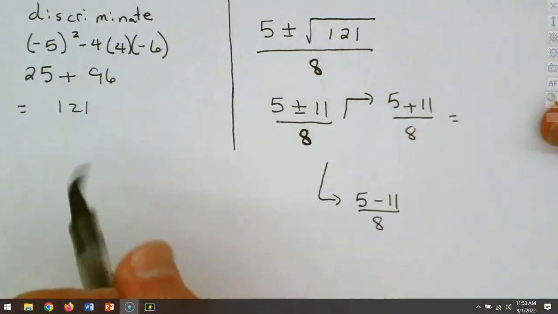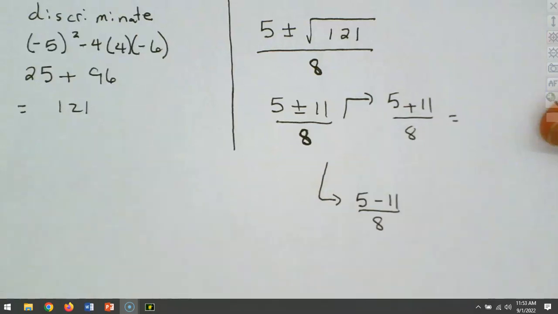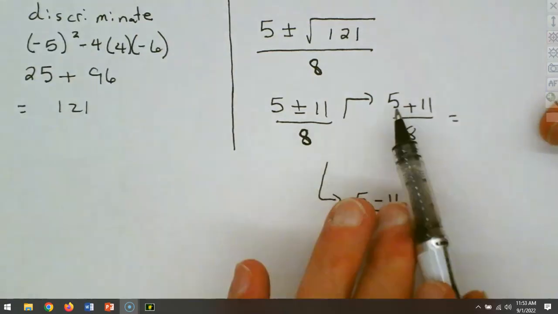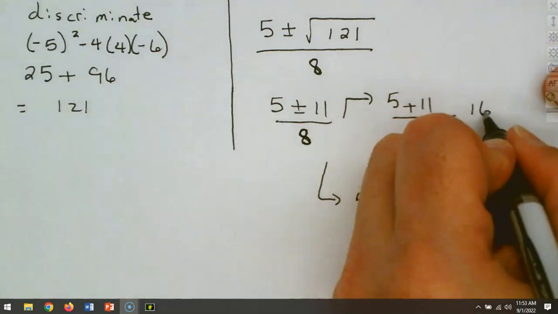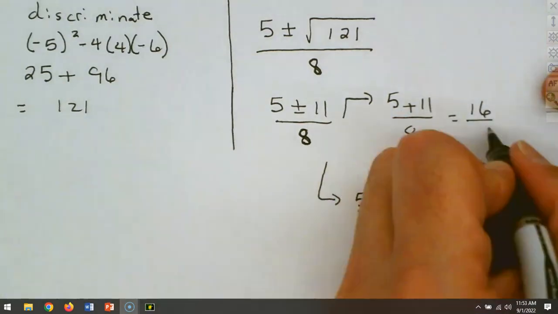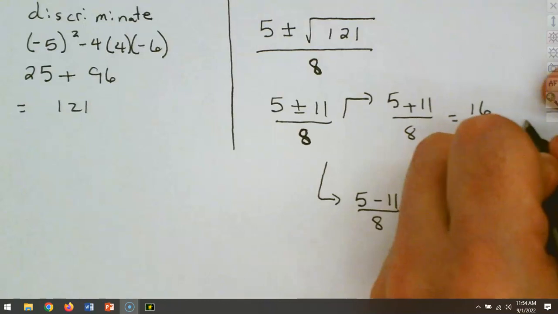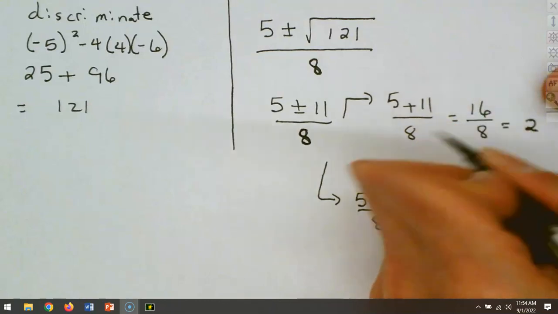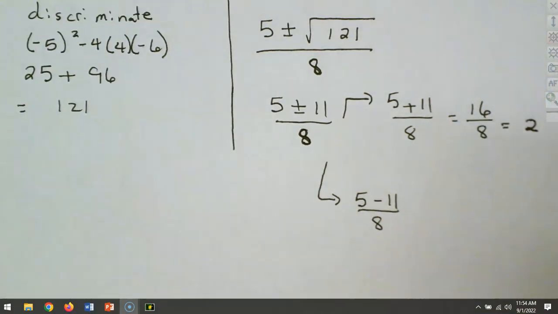Whenever that square root's gone, you need to get the two actual real solutions. And 5 plus 11, well, that's 16 over 8, and that reduces down to 2. So there is one solution, which is 2.